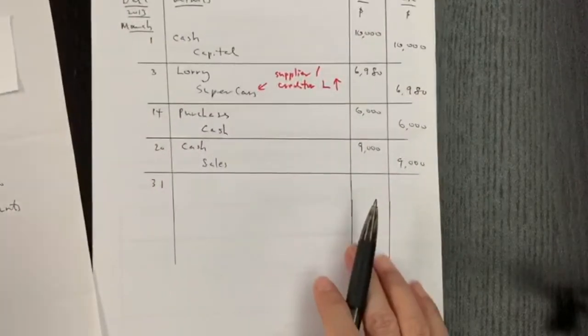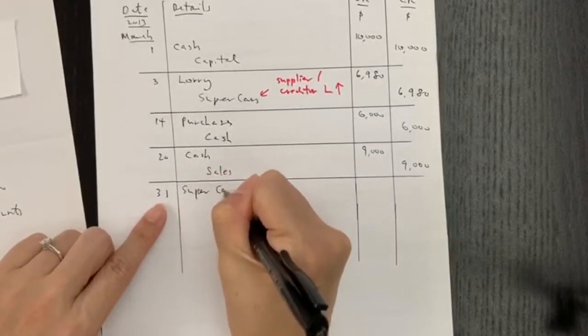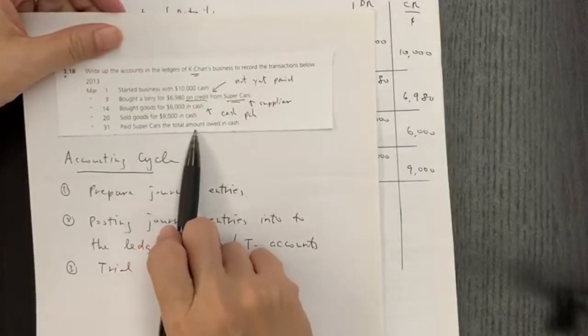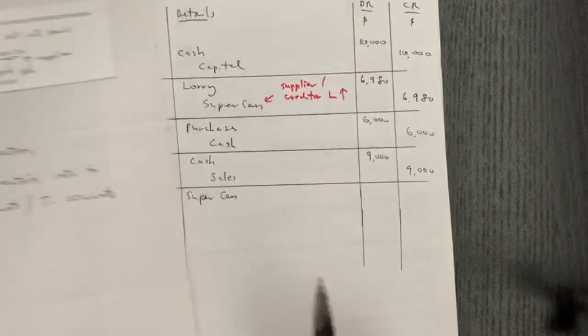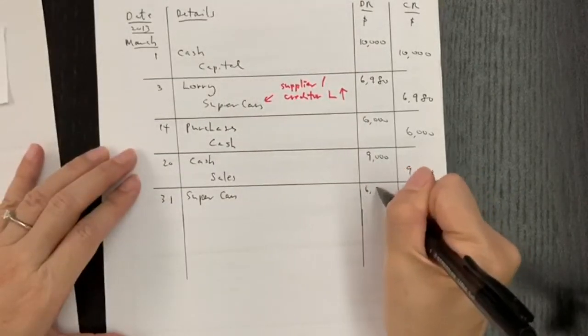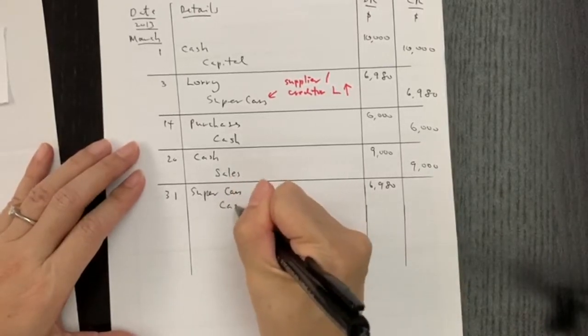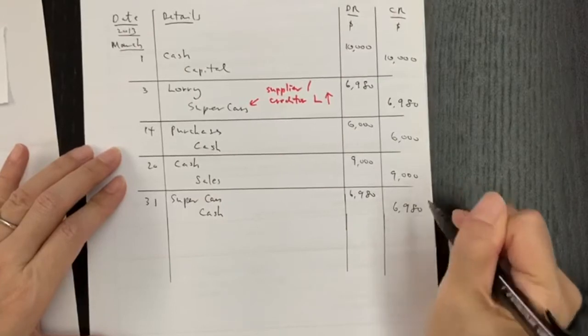So here is the answer. We debit Supercar. The amount owed is not mentioned here, so we need to trace back how much we owe, which is 6,980. Okay, and pay in cash, so less cash, so credit cash, also 6,980.